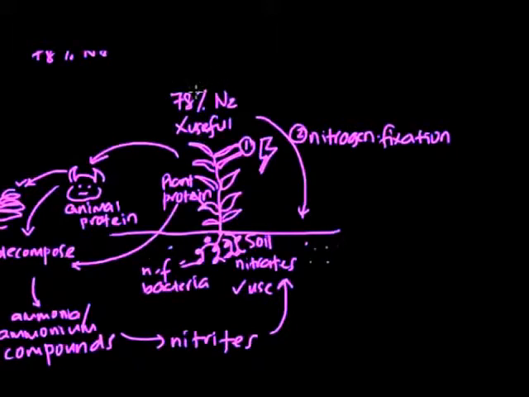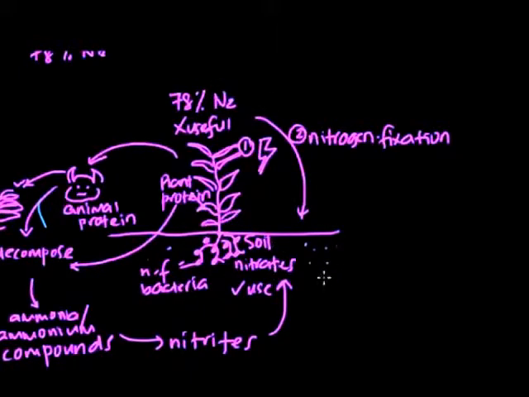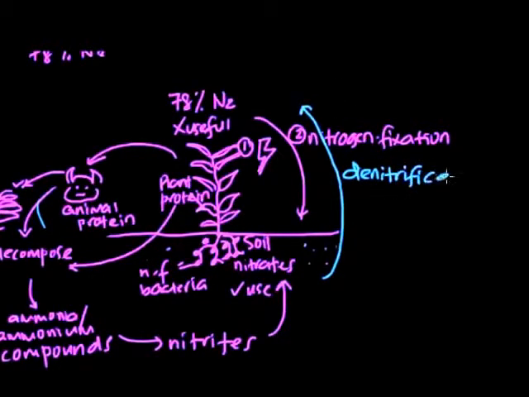So the cycle can go the other way round as well. Besides nitrogen converting into nitrates, the nitrates can also become nitrogen again through a process known as denitrification.